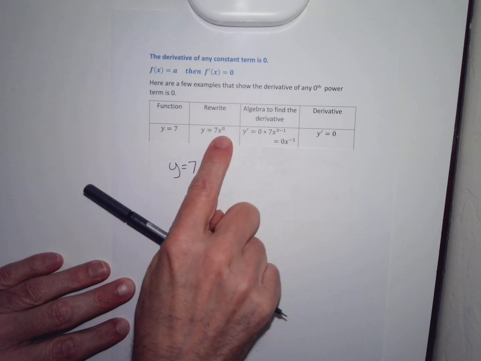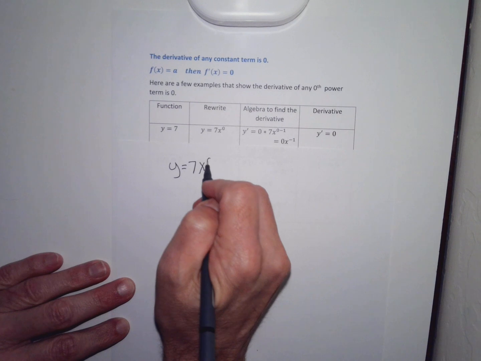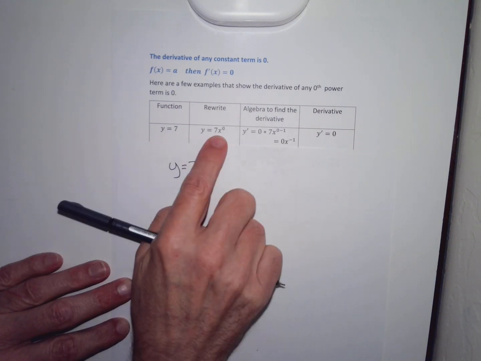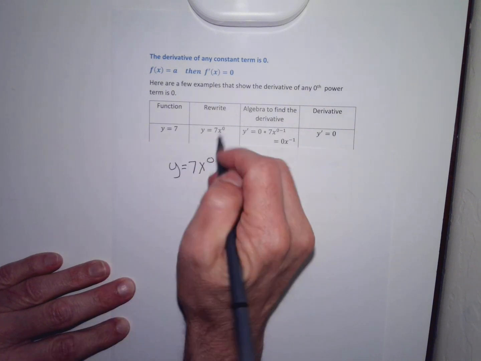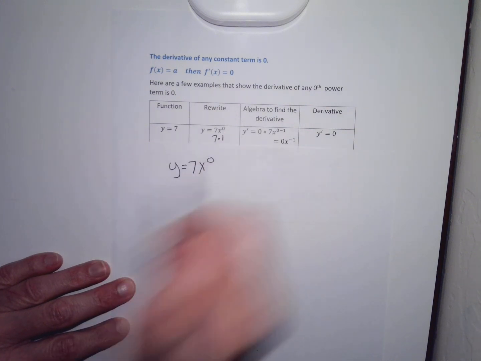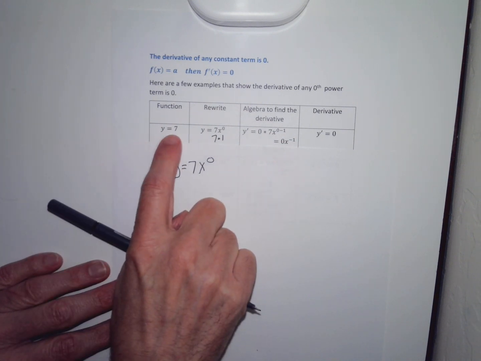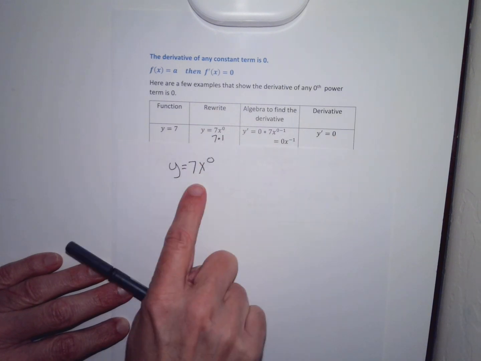I need to rewrite it to be equal, but to be usable for the power rule. Writing 7 as 7 times x to the 0, these are equal to each other, because 7 times x to the 0 is really just 7 times 1, because x to the 0 is 1. So now, if I just didn't want to believe that the derivative of y equal to 7 is y prime equal to 0, I'd have to use this strategy of rewriting.